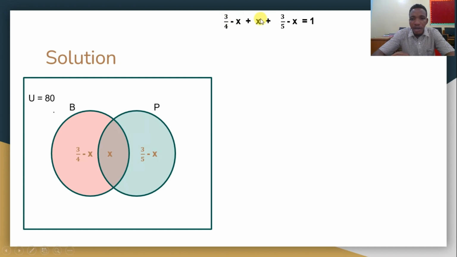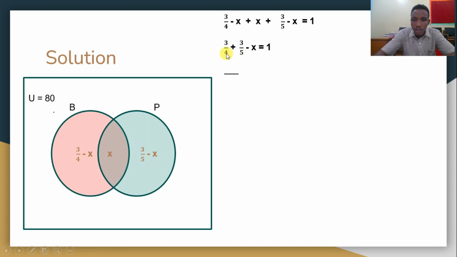So I'm left with 3 over 4 plus 3 over 5 minus X equals 1. My general goal in life when it comes to adding up fractions is that I want to make sure that the denominators are equal, so that I can just add the numerators or subtract the numerators. So this place is 4, this place is 5.